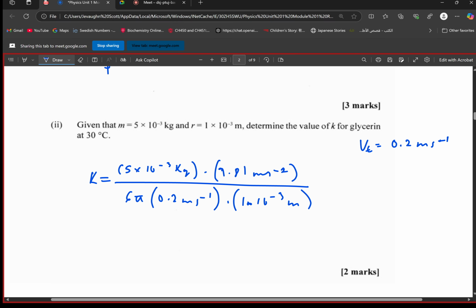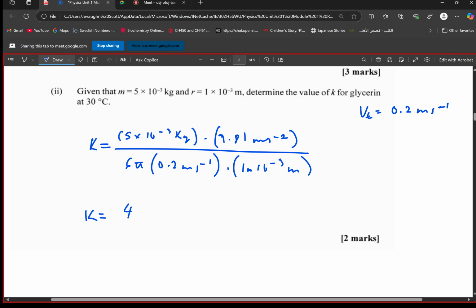K is going to be equal to roughly, the numerator is going to be roughly 4.905 times 10 to the negative second kilogram meters per second squared, divided by the denominator, which is roughly 3.7699 times 10 to the negative third power meters.